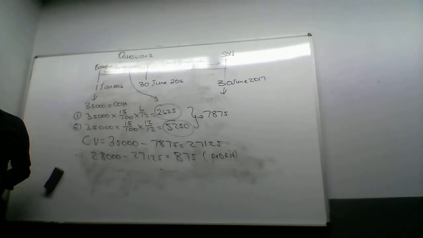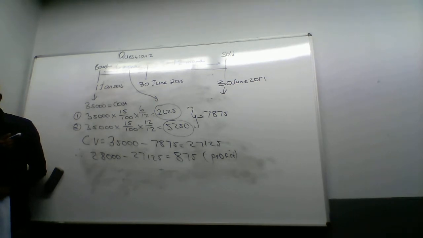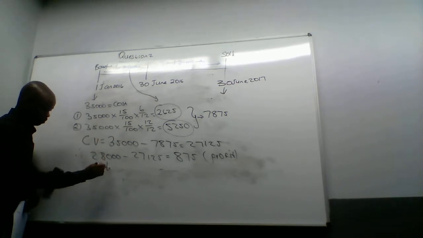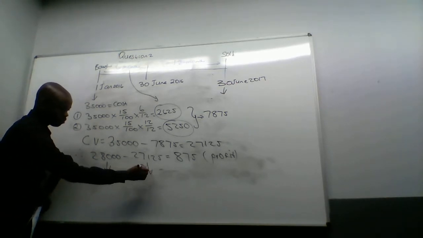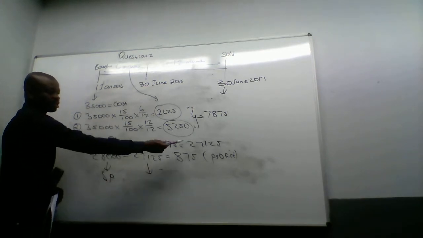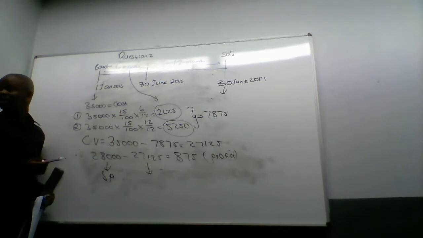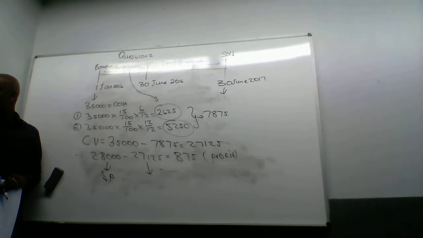Where are you lost, so that I can find you there before you decide? So I guess the first one, the cost price minus the accumulated depreciation, you get this amount.